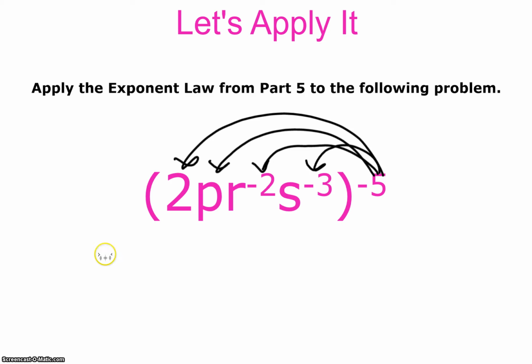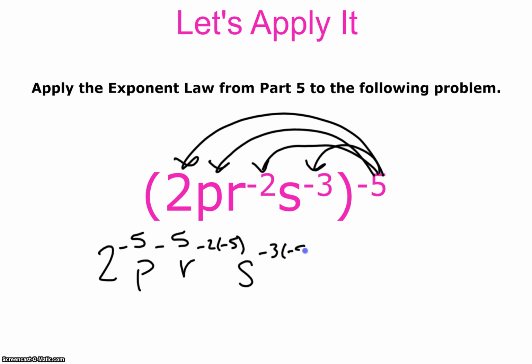So we have 2 to the negative 5, p to the negative 5, r negative 2 times negative 5, s negative 3 times negative 5. So 2 to the negative 5 is going to be negative 32, p to the negative 5, r to the 10, and s to the 15.